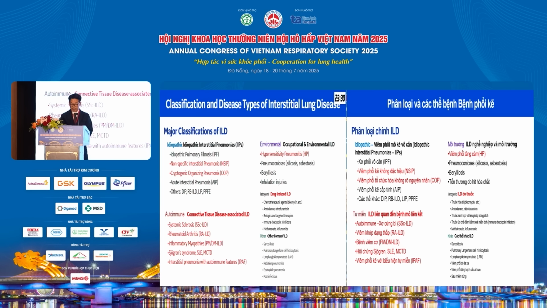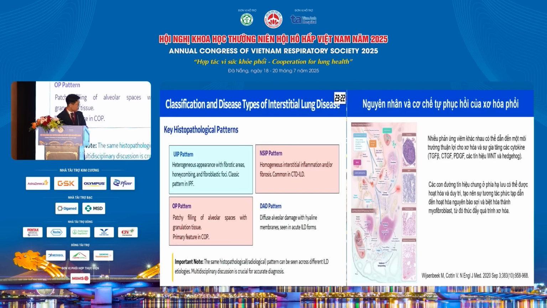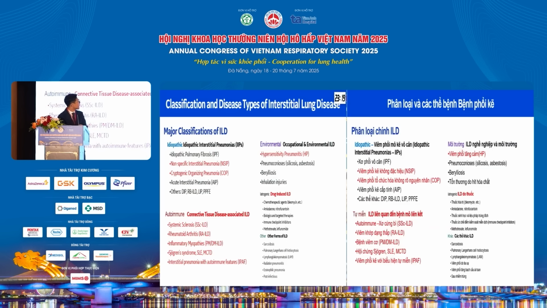Among these, immunosuppressive drugs are used in some cases of idiopathic pneumonia, NSIP and COP, immune-mediated interstitial pneumonia such as SSc-ILD, RA-ILD, PM/DM-ILD, SLE, IPAF, and also HP, the other causes, and drug-induced.